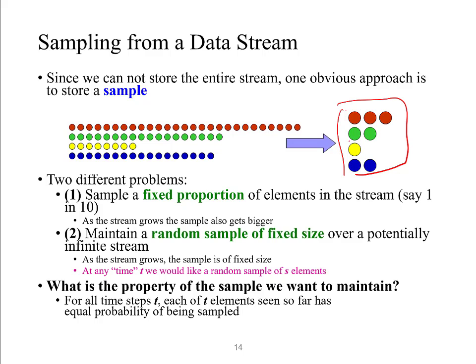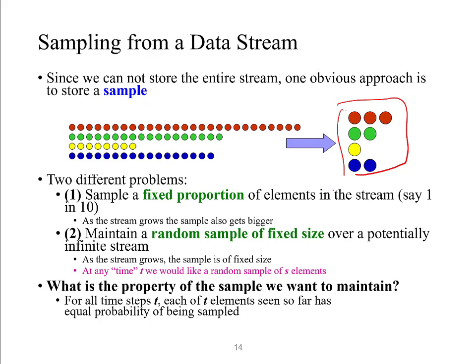And the numbers of green balls and blue balls are likely to be equal, which are 2 times the number of yellow balls. As you can see, the characteristics that we obtained from the sample of the data stream are in general approximately accurate to the characteristics in the whole data stream.